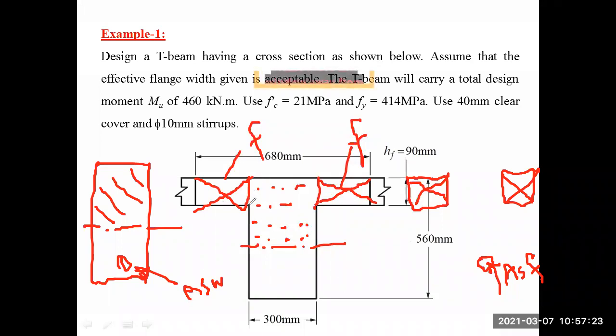If you take the whole upper part to be the flange, what is left would be this. If you don't take this as a whole, then what is left would be this whole thing, the dotted one, which would be the web. So it's up to you.